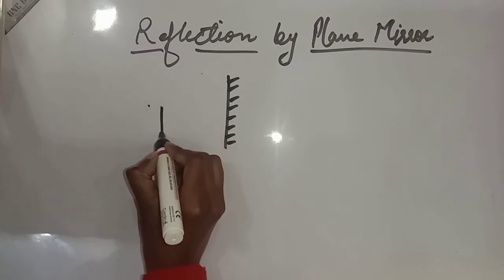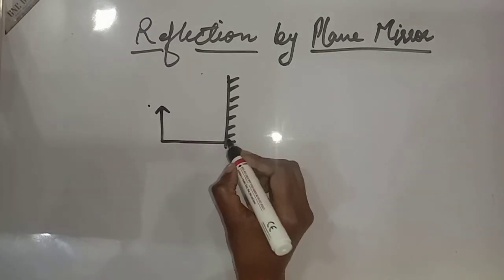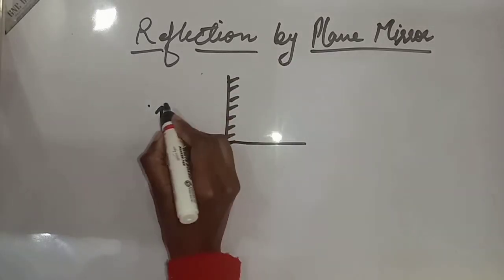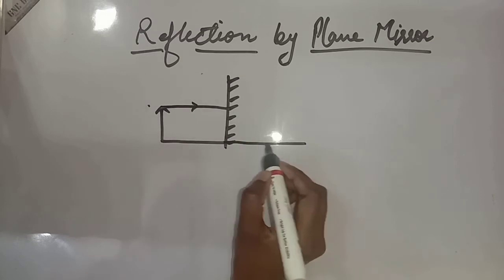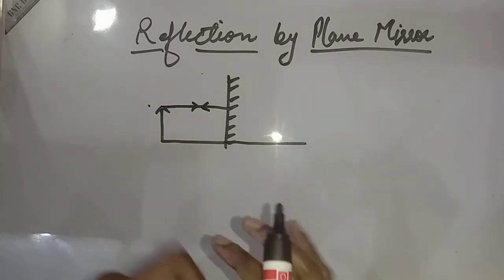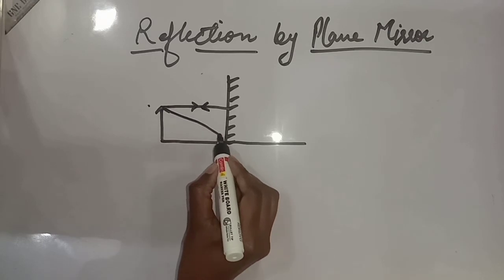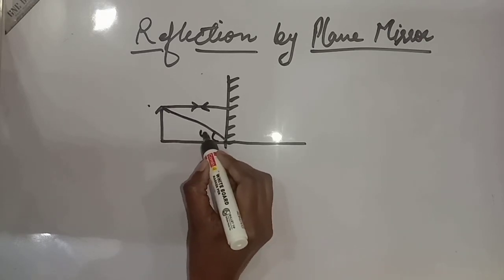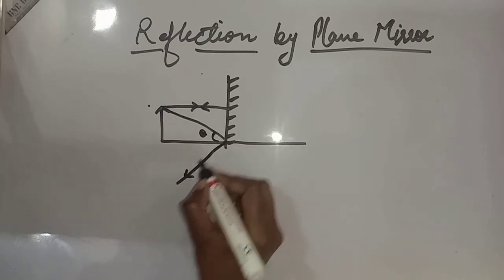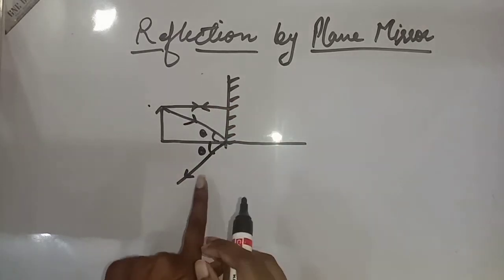And if an object is placed here, now the light striking the plane mirror at 90 degrees gets reflected back following the same path. Right? Now the ray of light striking this surface at any angle theta will get reflected making the same angle. This is the incident ray and this is the reflected ray.